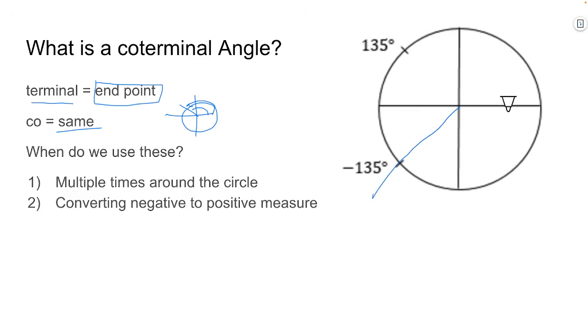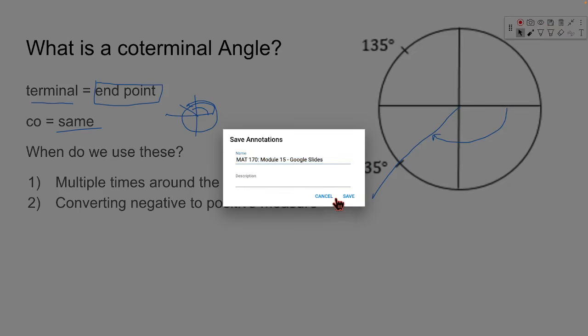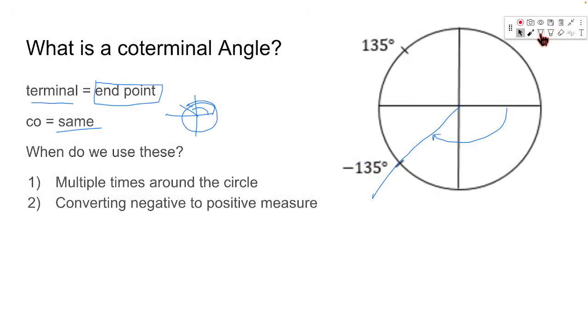So I could think of it as negative 135 as it's listed there. Another measure that I could use for this is I could measure it from 0 positively. I would have a different number for this, right?